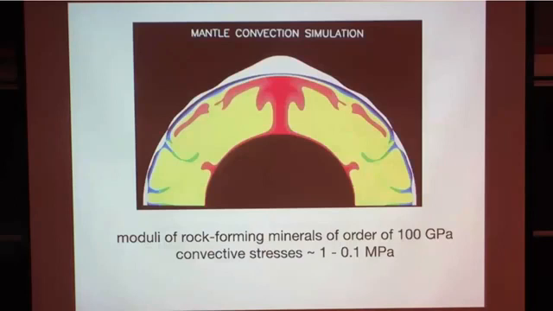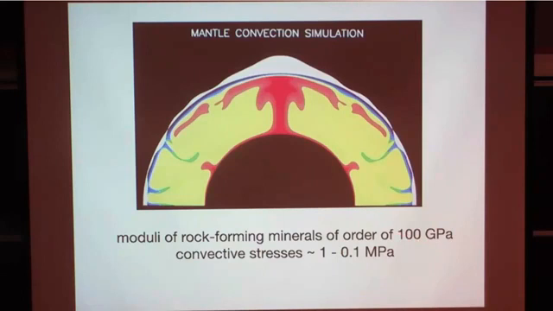And the problem is even worse if you think about mantle convection. For the minerals, olivine for example, the shear modulus is about 80 gigapascals at room pressure and temperature, so of the order of 100 gigapascals. The shear modulus increases as you go into the Earth with the polymorphs. But the convective stresses are of the order of 1 to 0.1 megapascals. So many orders of magnitude difference here. Megapascal is 10 to the 6, gigapascal is 10 to the 9. So we clearly have a problem.